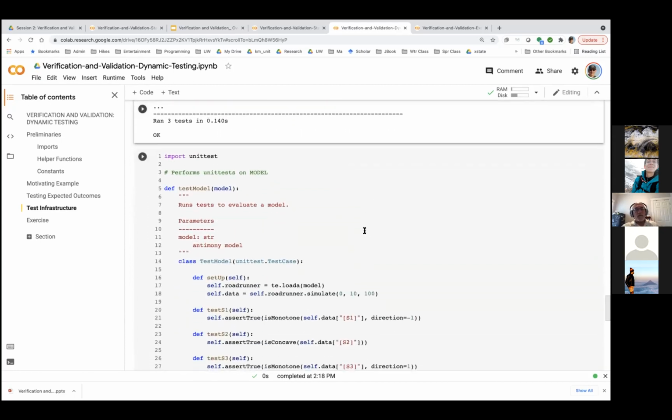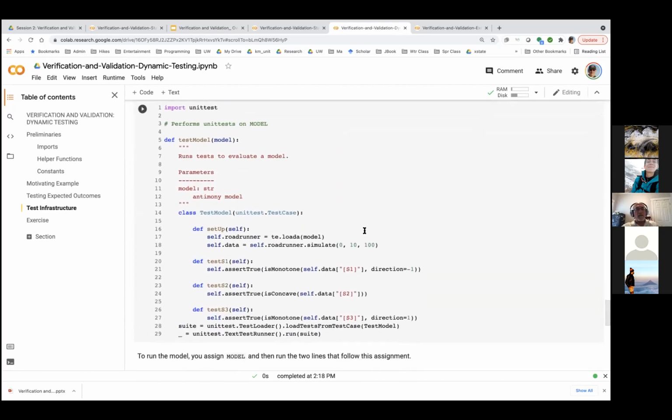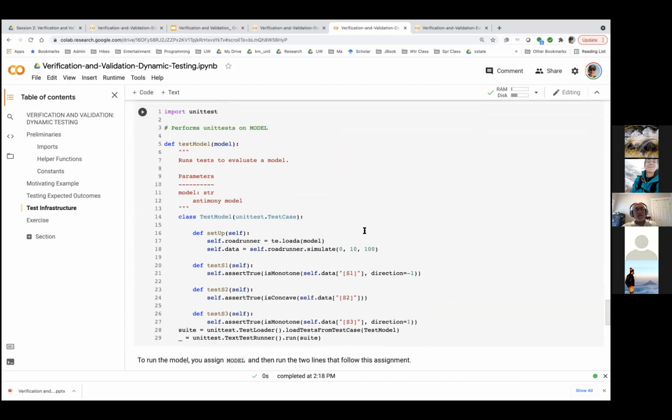So let me just explain what it is I was doing down here. It's very common when you're going through and repeatedly developing models and evaluating models that you don't want to have to write the same code over and over again.